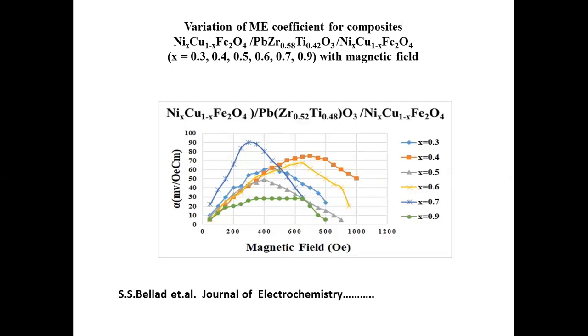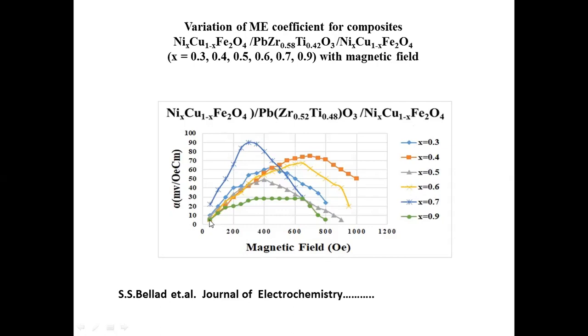Different samples are created because we are changing the composition of this ferrite material. That means with the value of this X, the percentage of nickel and copper present in a particular ferrite is changing. So accordingly, we are getting these 6 samples.